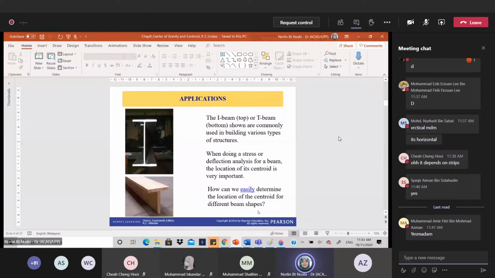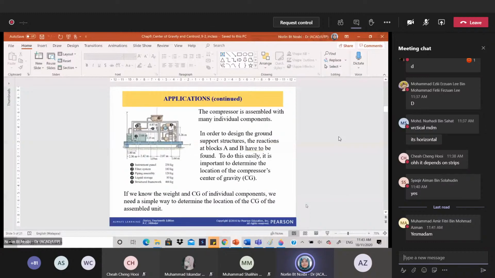Now we look at, for example, a real situation in engineering parts: the compressor. You can see here number 1 is the instrument panel, 2 is the filter system, number 3 is the piping, and here is the liquid tank.